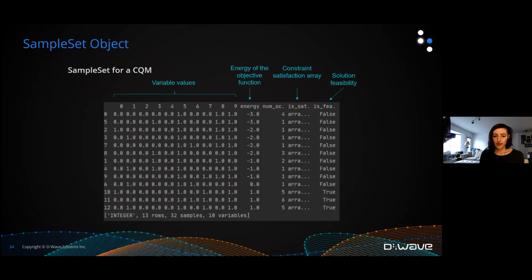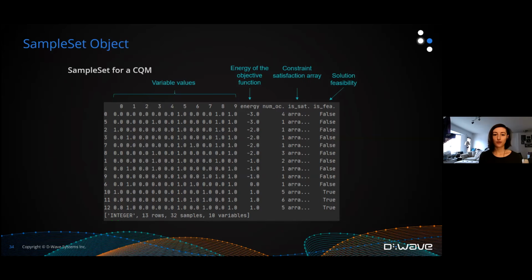So in that code example that we just looked at, we saw some information spit out in the command line about the problem or the solution to the problem. And we also got to see some nice charts to display the input and the output. What you get back from the solver, though, is a sample set.